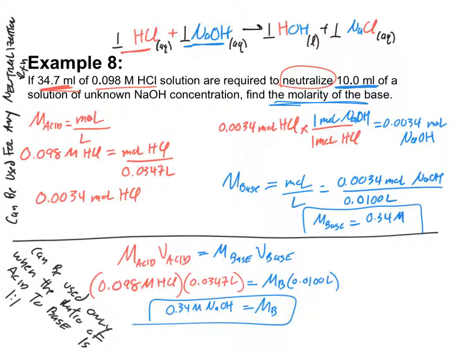So we can only use that formula when the ratio of acid to base is 1 to 1 in the balanced chemical equation. If the ratio is not 1 to 1, you have to go through the process above. If the ratio is 1 to 1, you can use moles of acid times volume of acid equals moles of base times volume of base. Any questions about that?